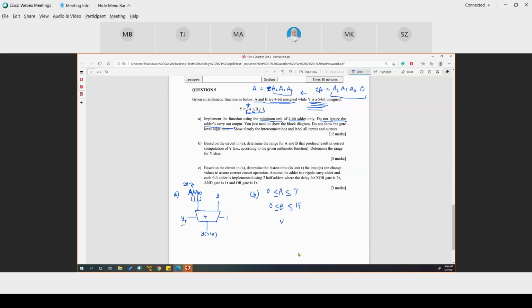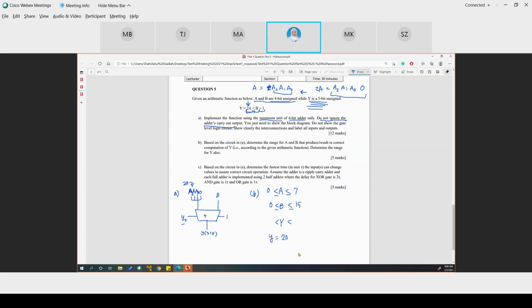But the range of Y is 5-bit. You can say 0 to 31, but you have to check the equation again. Y is 2A plus B plus 1. When A is 0 and B is 0, Y is 1.